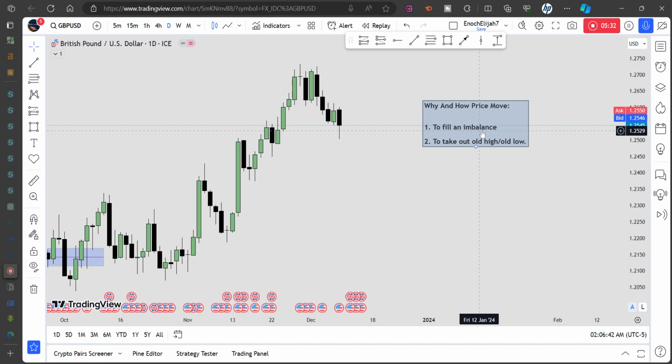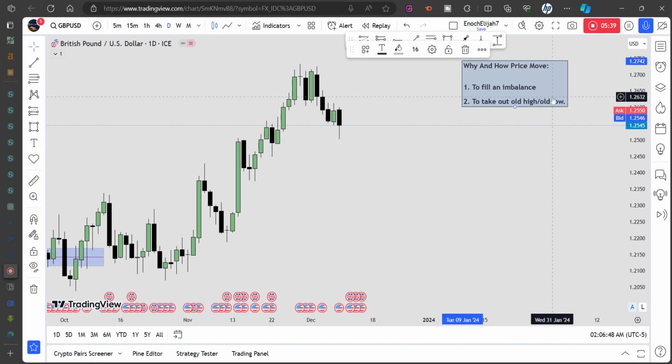To fill an imbalance, or to take out an old high, or old low. Those are the two reasons why price moves on your chart. Nothing else, nothing more. It's as simple as that.